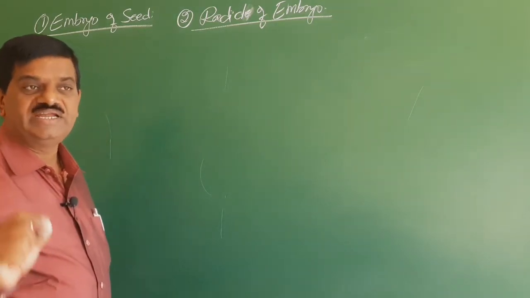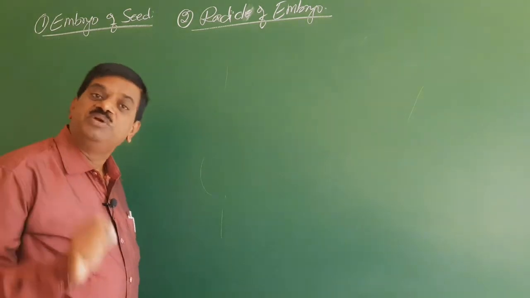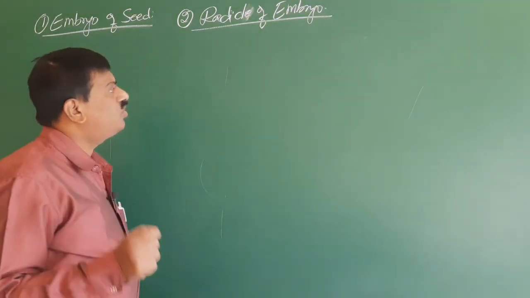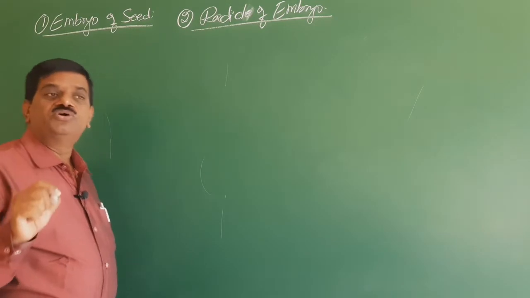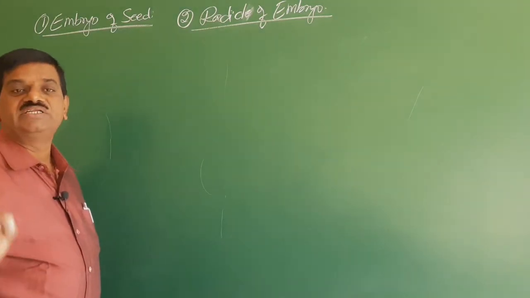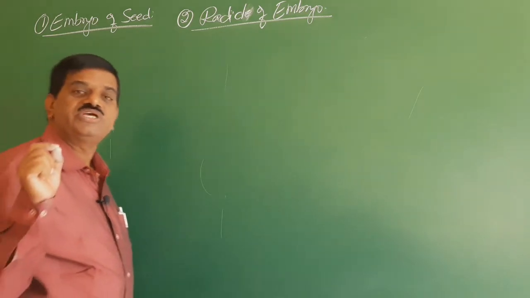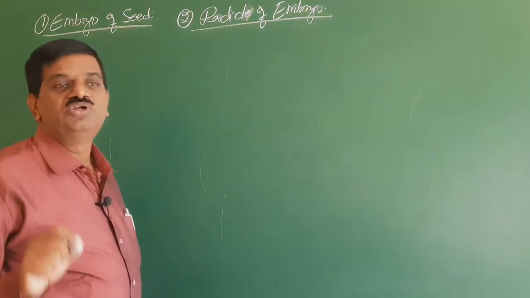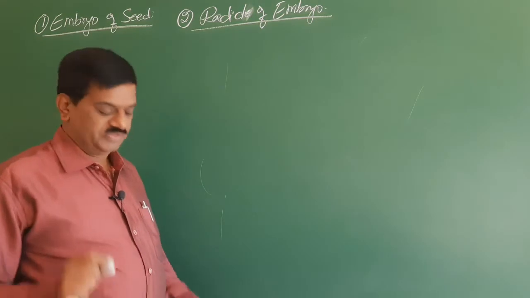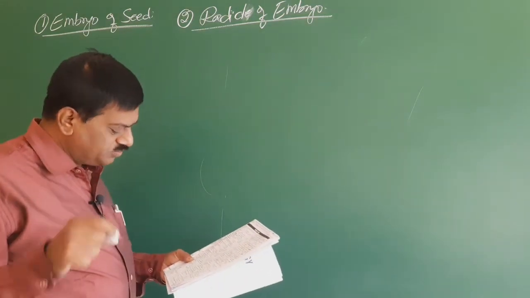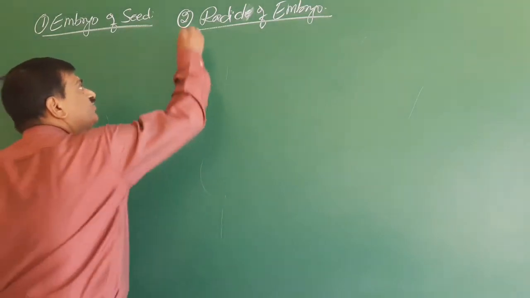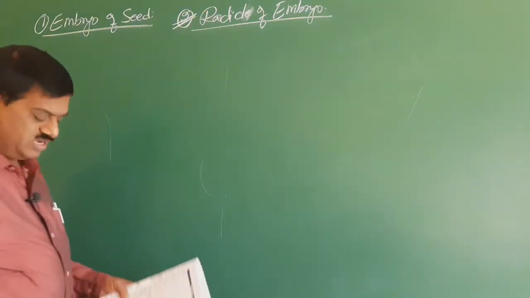One is called radicle and the other is plumule. In the embryo, the radicle always gives rise to the root system, and the plumule gives rise to the shoot system. Hence the root system grows from the radicle. So the right option is radicle of the embryo.